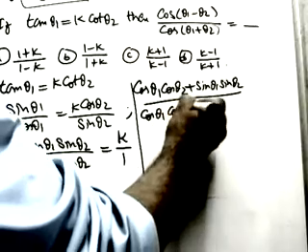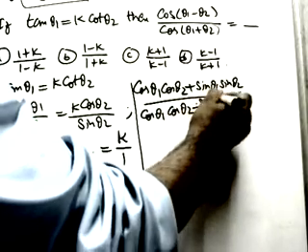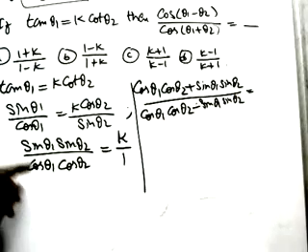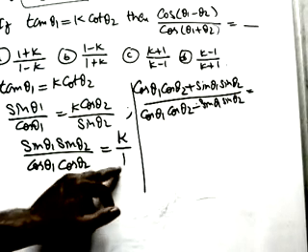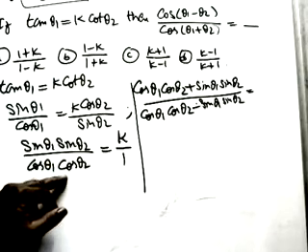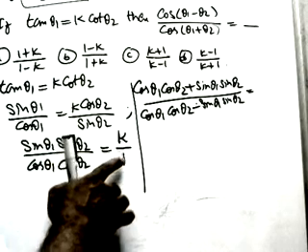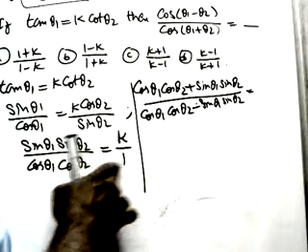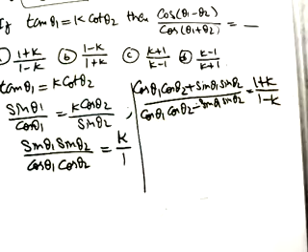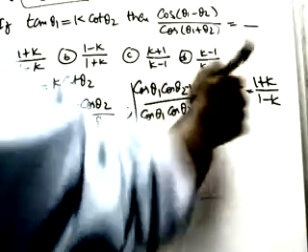Then same like this: cos theta 1 cos theta 2 minus sin theta 1 sin theta 2. Watch carefully, we started with the denominator. Here also we have to use the same procedure: denominator plus numerator by denominator minus numerator.